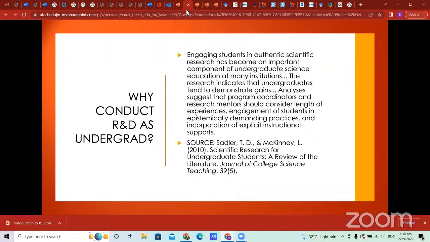Research indicates that undergraduates tend to demonstrate gains. And by the way, I took out the part that said it's actually mixed. Analysis suggests that program coordinators and research mentors should consider the length of experiences, engagement of students in epistemically demanding practices, and incorporation of explicit instructional supports.